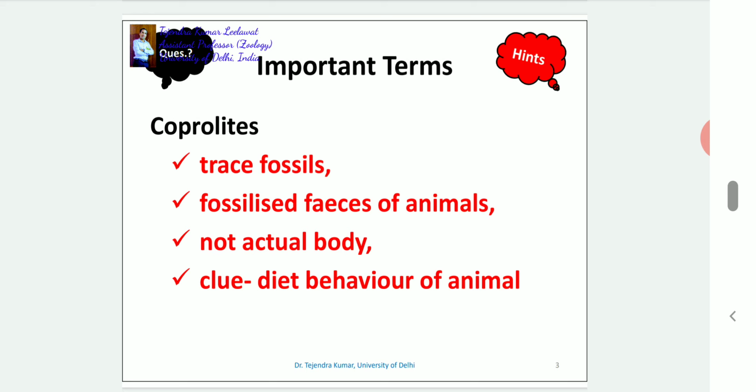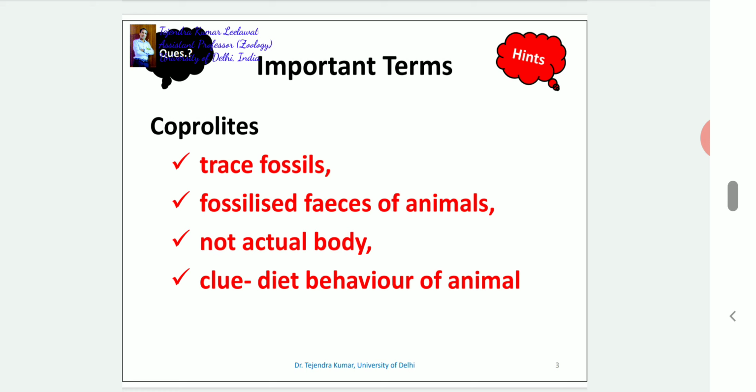The word copro means fecal matter, and the word lite is generally used for fossils and especially for rocks. That is why it is called coprolite, and it is also called coprolith.